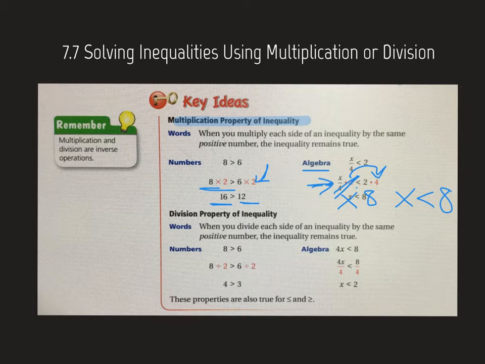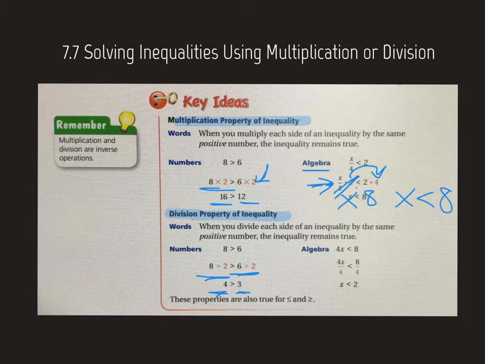Let's look at the other property, our division property of inequality. Same concept. If we divide each side of an inequality by the same positive number, the inequality remains true. So if we took 8 and divided it by 2, it becomes 4. If we take the 6 and divide it by 2, it becomes 3.